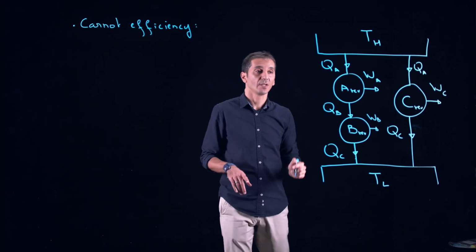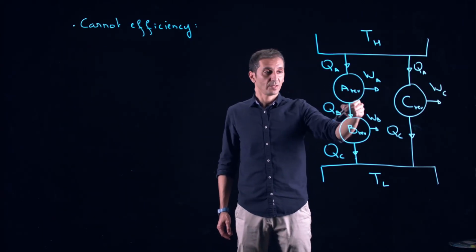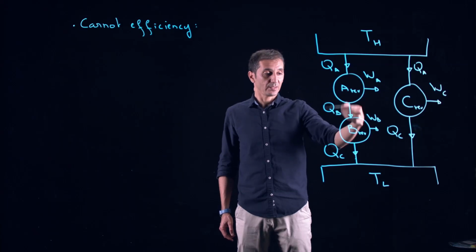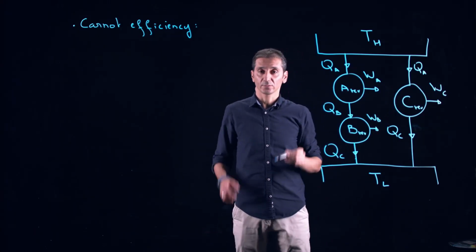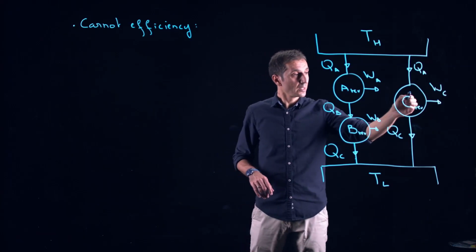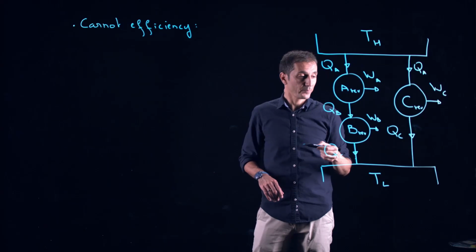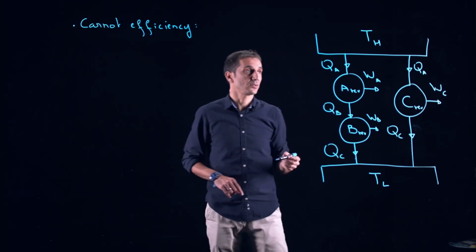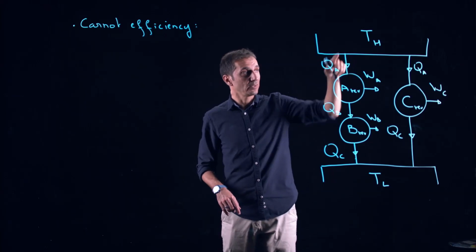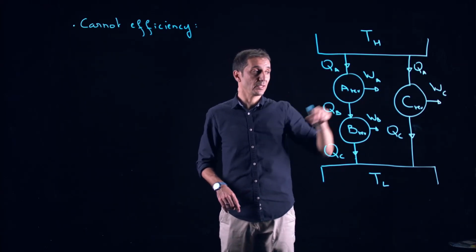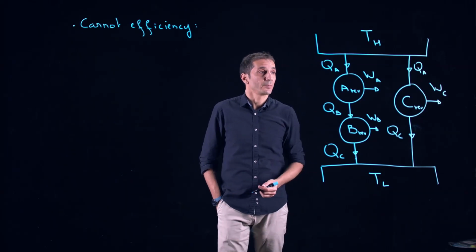So to summarize, we have 2 reversible heat engines, A and B, and here another one called C, which is also reversible. The important thing to see is that A and B are connected between TH and TL, and the same case for C.